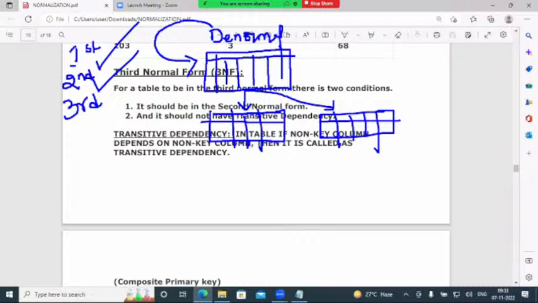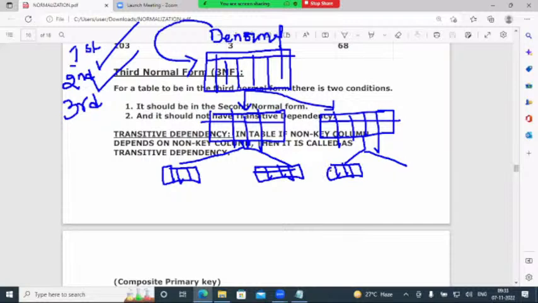Suppose there is, then again we separate, and again 2 tables are formed. Next, I check this table also. If it has transitive dependency, again it splits into 2 tables. Otherwise, there is no need.